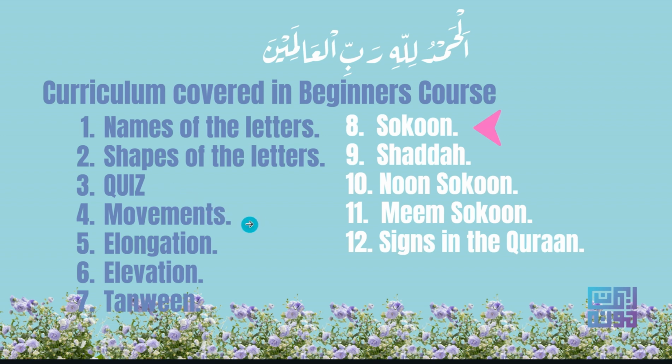And then we moved to the movements. We knew how to pronounce the letters when they have a movement, and the movement is the fatha, the kasra, the damma, and so on. In lesson number 5, we covered the essential elongation rules in our reading.